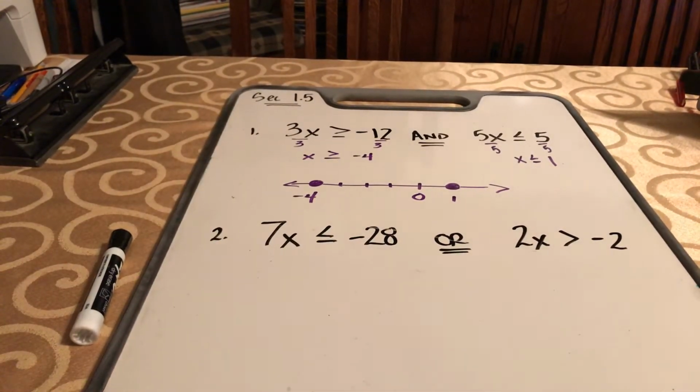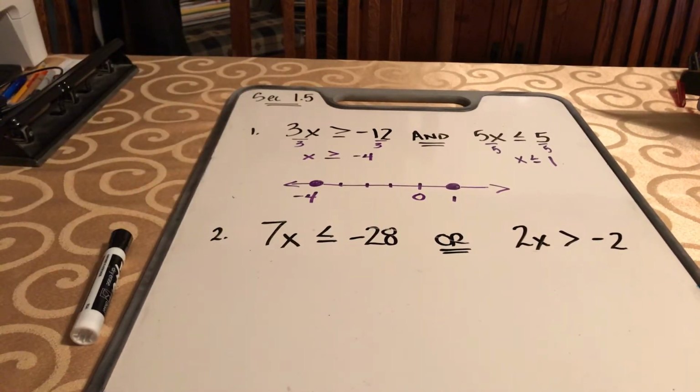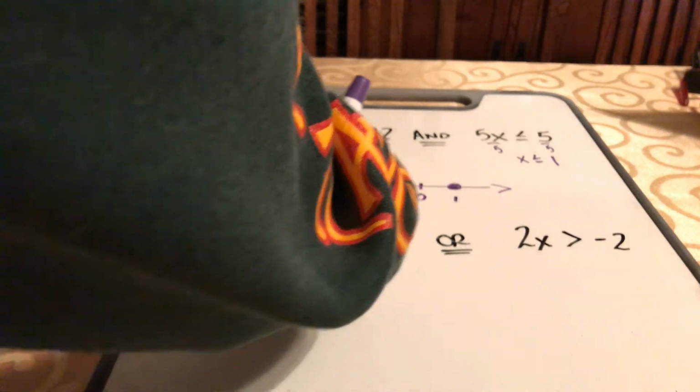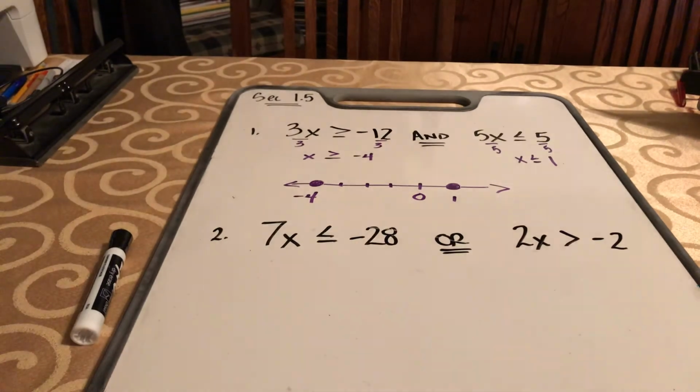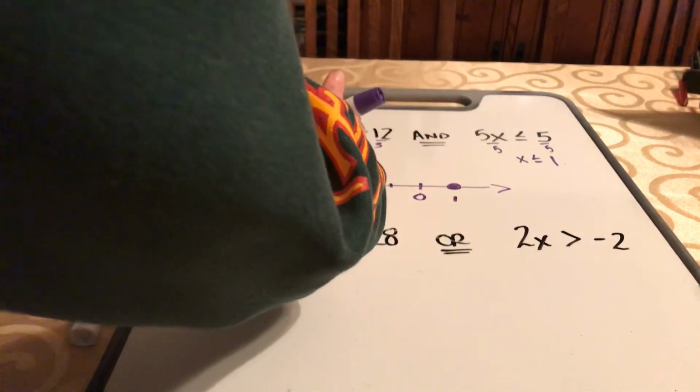Then if you go back and look at the inequalities, think which way you would have to shade each one individually. The first one says x is greater than negative 4. This is where my negative 4 is. Greater than would be going this way. The other inequality says x is less than 1, so less than 1 would go this way.